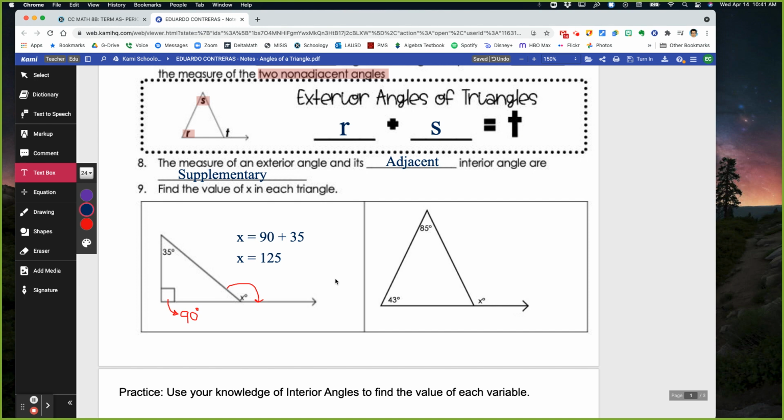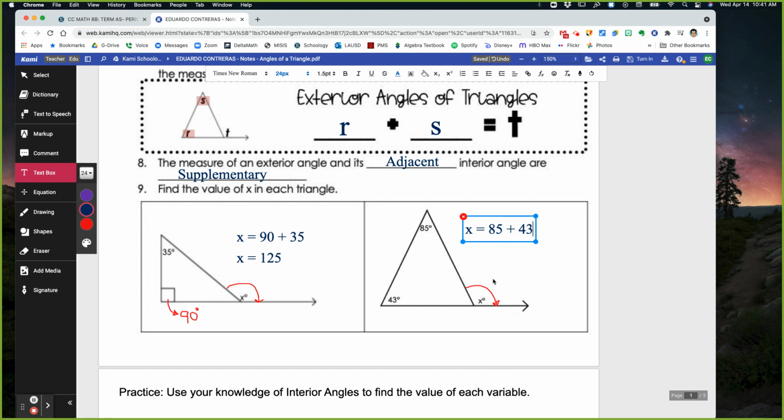Okay, so I want you to try that on number 2, the second one. What is the measurement of x in this one? We want to find x here. Tell me what x measurement is. All right, and someone's already typed this in. X equals 85 plus 43.